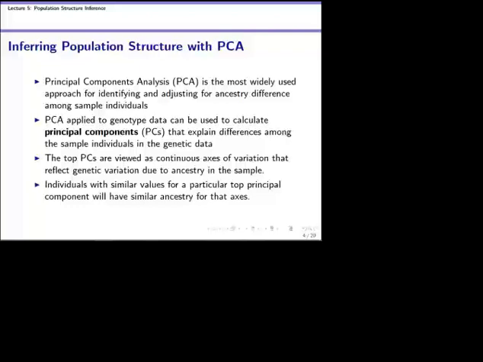Okay, so the top axis is supposed to reflect the most variation, and then the second top is going to be the second most variation. Okay, so the idea is if you do PCA on genotyping data, differences among individuals should be captured by the PCA, and genetic differences should tell us about ancestry of individuals.